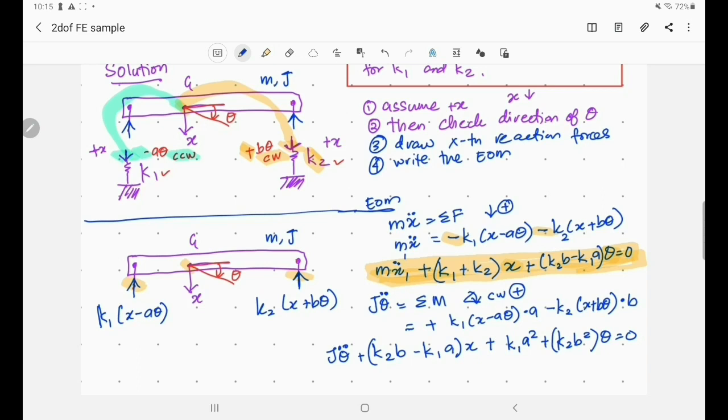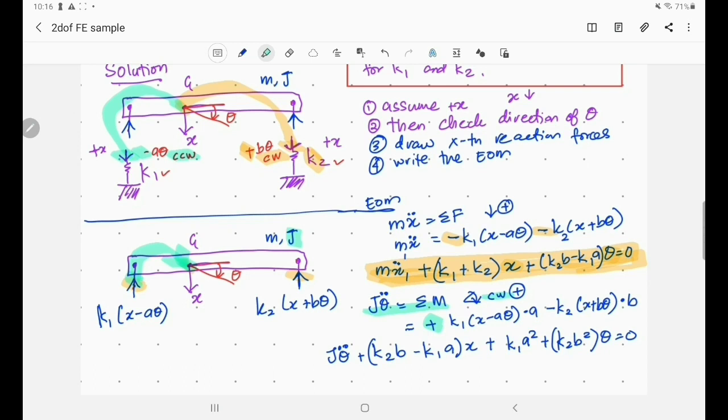Now we are writing it for J theta. So you have J theta double dot equals the summation of moments. Clockwise is positive. You can see your arrowhead with respect to the pivot point goes from here to here, so it's clockwise, and you get positive.